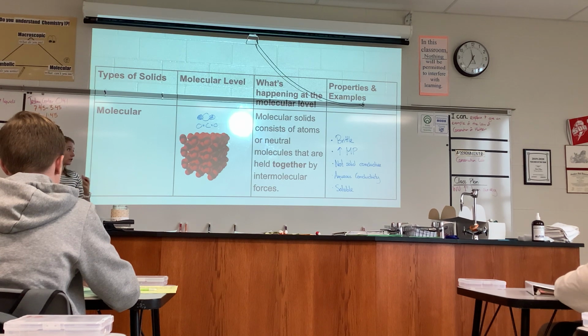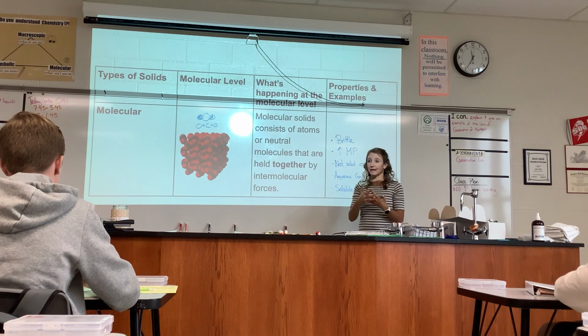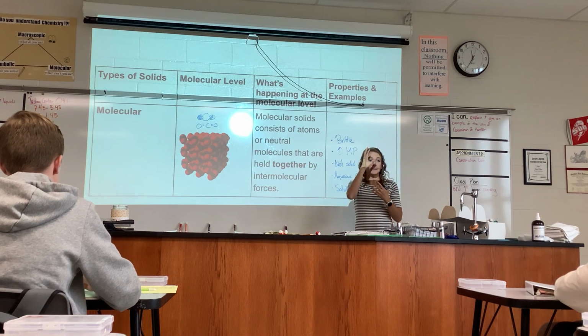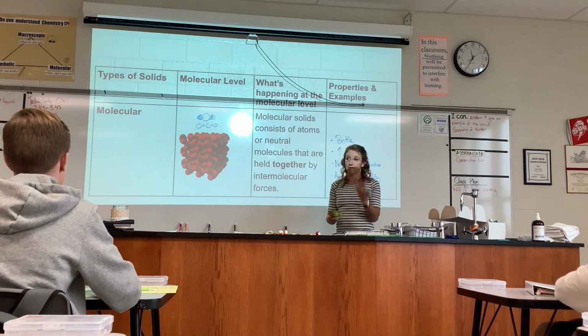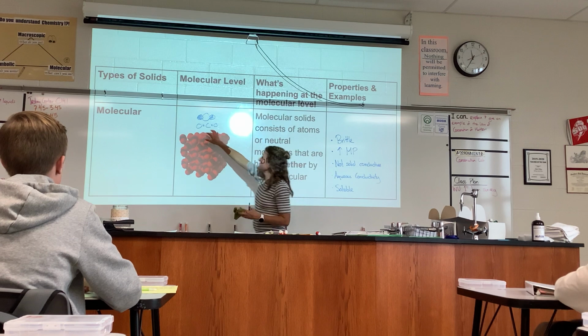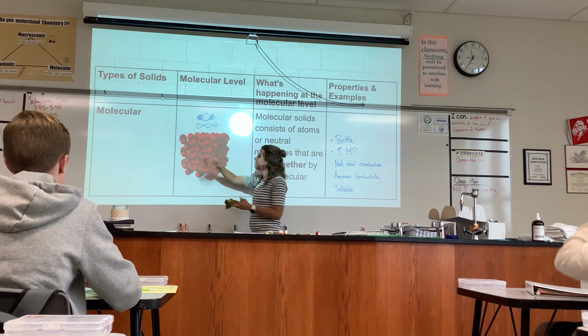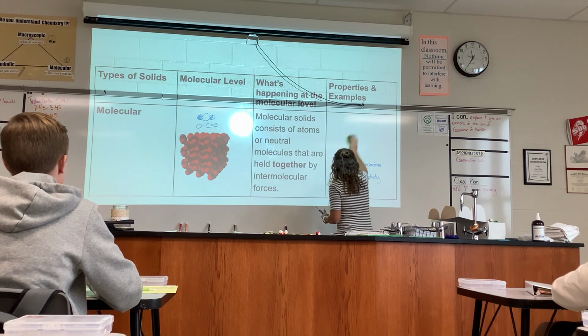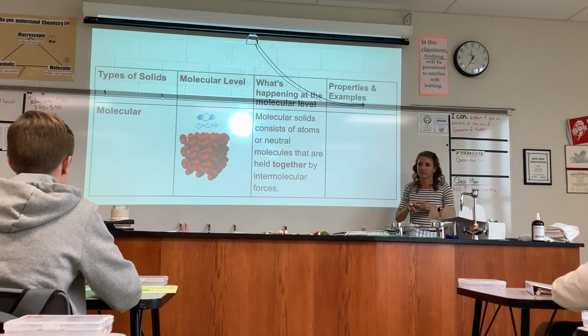So a molecular covalent substance is held together by intermolecular forces between the different molecules. Once again, this is where we get into our friendship forces. What force does this CO2 feel in relation to the other CO2? Okay, so let's review what were some of our properties that we saw for covalents.